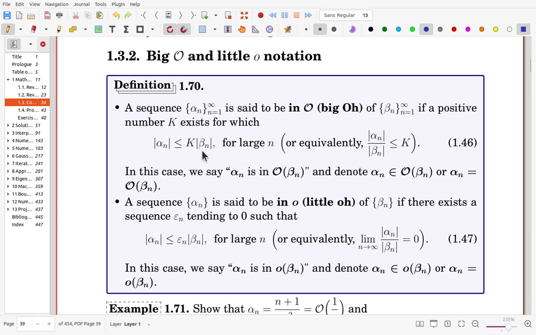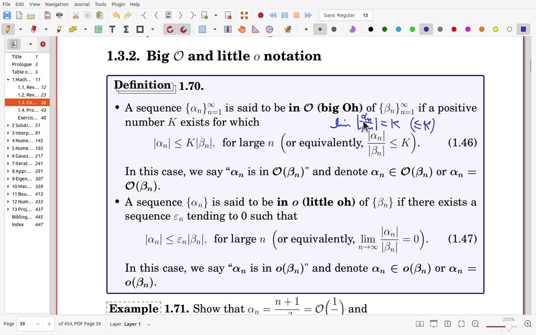That is equivalent to the absolute value of alpha n over beta n being bounded by k for large n. We may also say this in another way: the limit as n approaches infinity of alpha n over beta n is k, or less than or equal to k. Either way we can write it.